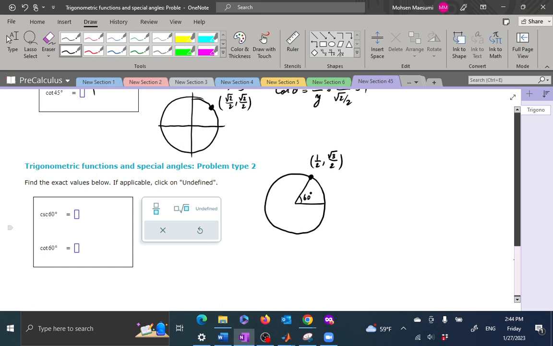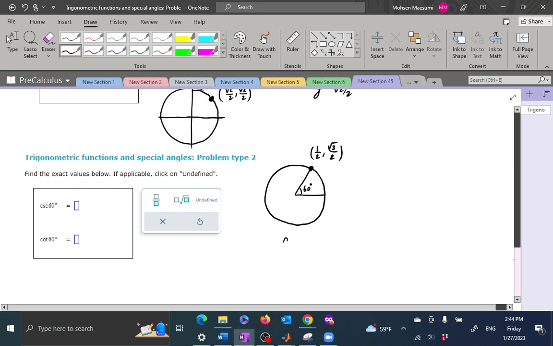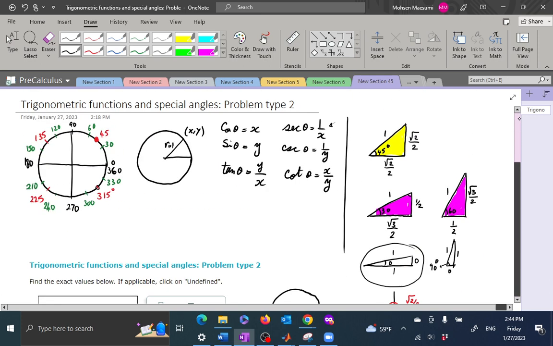Okay, cosecant of an angle. What was that? That was 1 over sine or 1 over y. That was the definition of cosecant. Cosecant was 1 over y.